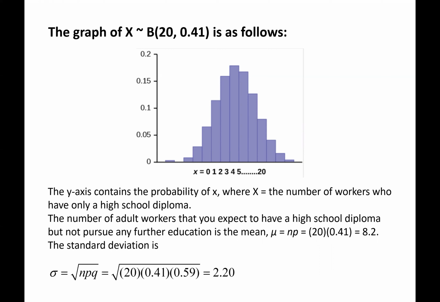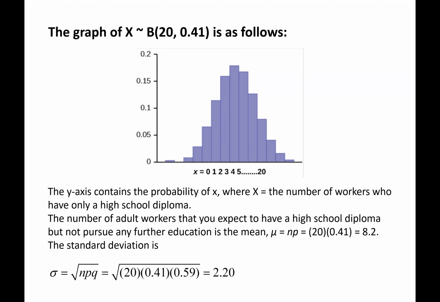So you would expect in this sample of 20 to see 8.2 people who have a high school diploma but not any further education. Of course, that's not necessarily true for every trial of 20. Sometimes you might see more, sometimes less, but on average, you would expect to see approximately 8 people saying they have a high school diploma but not any further education.